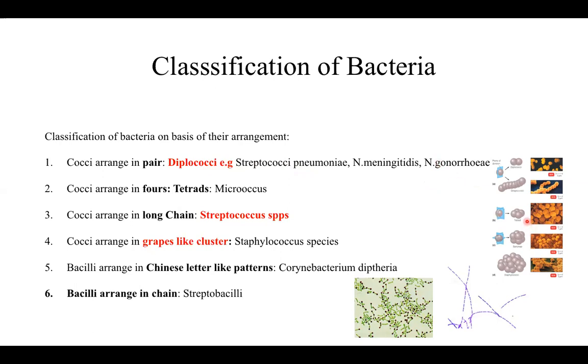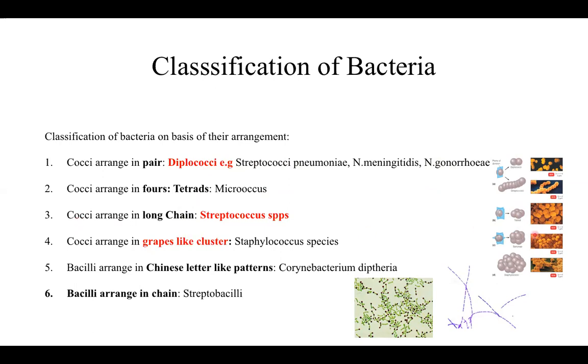Some cocci are arranged in groups of 4. They are known as tetrads, and an example is Micrococcus.